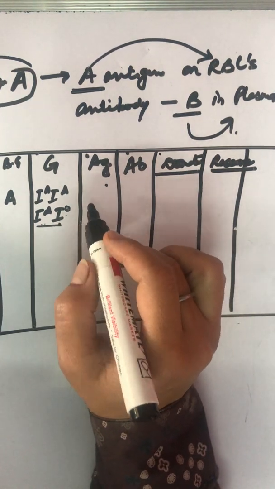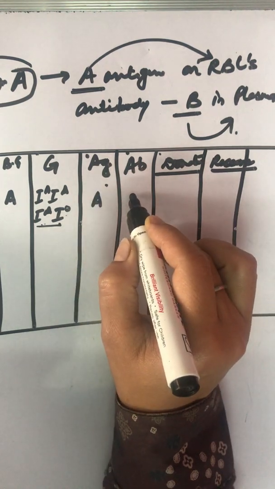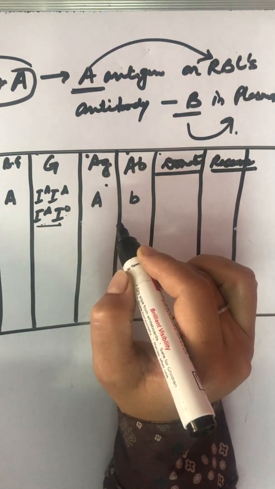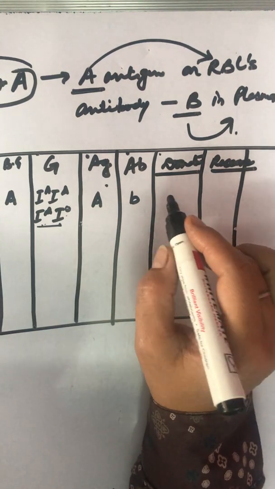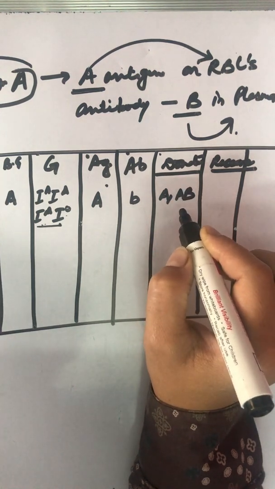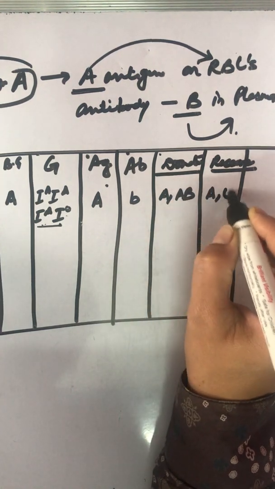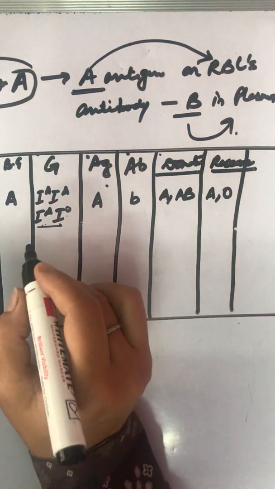Antigen on RBC corpuscles, it's A. Antibody, it's B. Can give blood to, like donors. Donor for A and AB. Recipient from A and O. We'll clearly discuss why it is so.